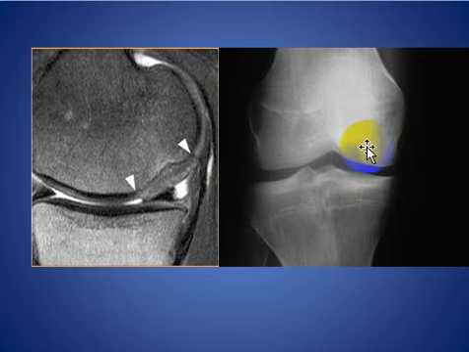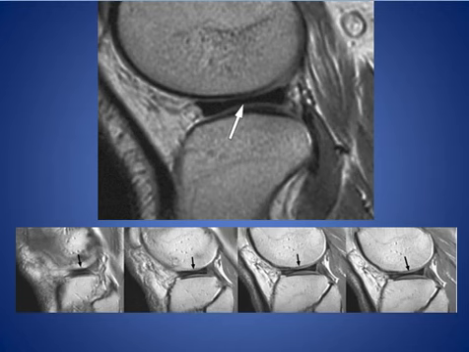Here we see patient with osteochondral disease, and we see here the disease involving the lateral aspect of the medial femoral condyle, as we see here, and it is still attached to the bone, not causing a loose body. Here we see this is a classic example with discoid meniscus, and we see the meniscus in more than 3 sagittal cuts.